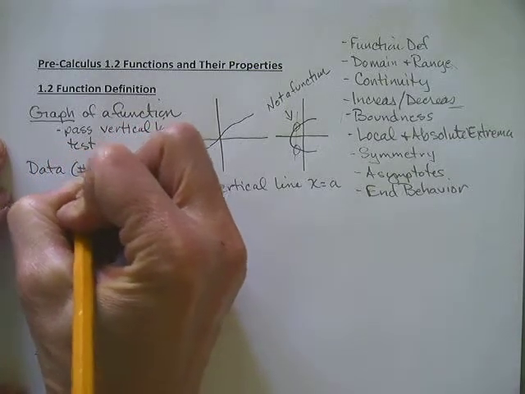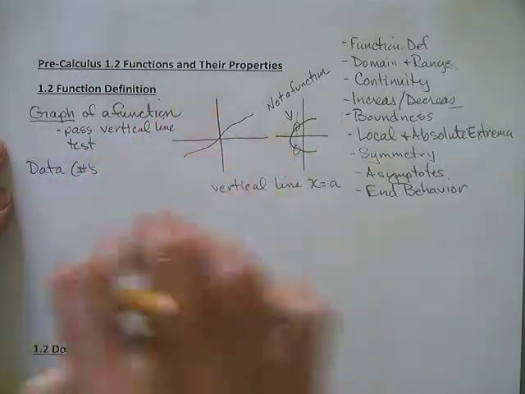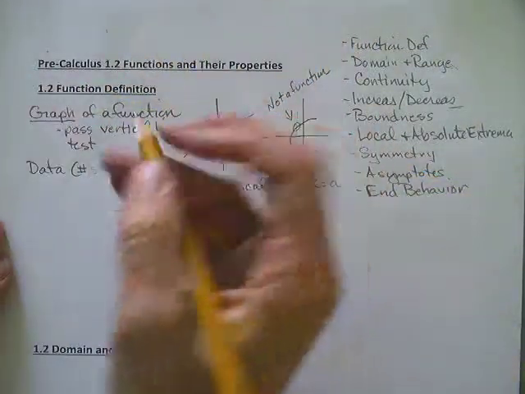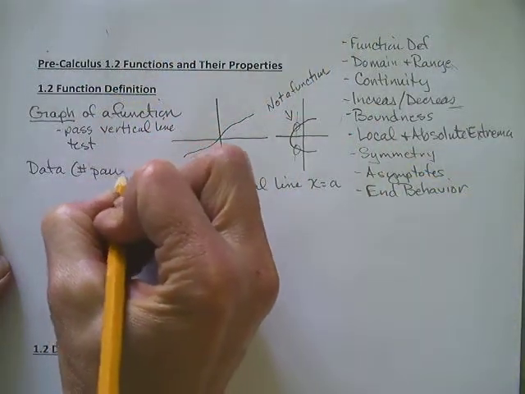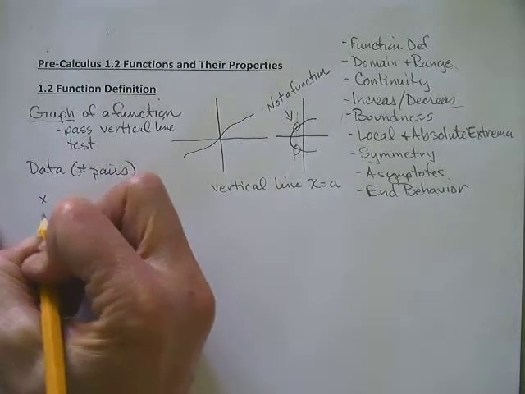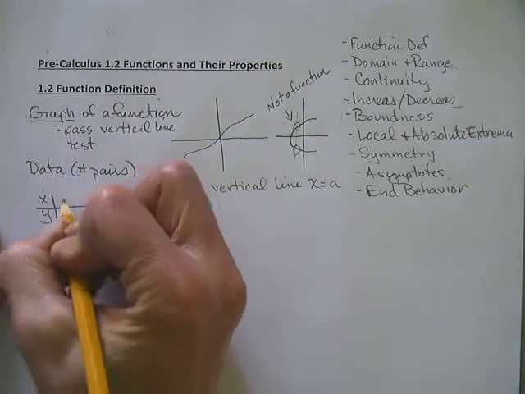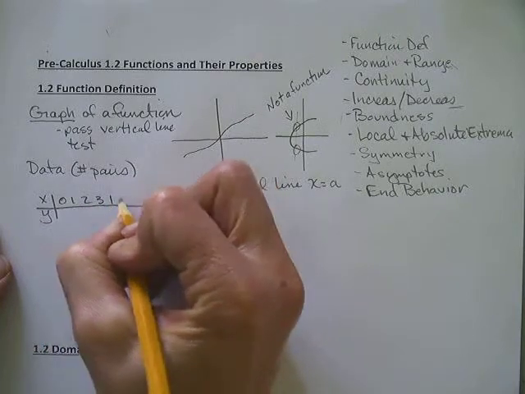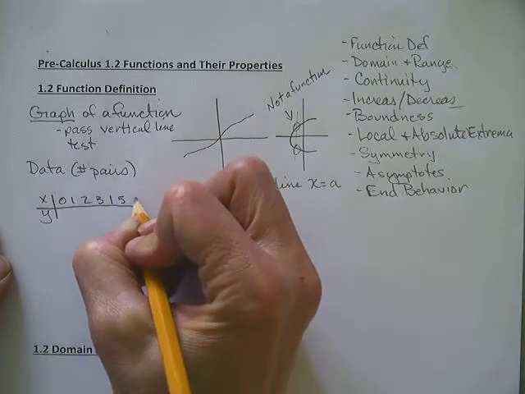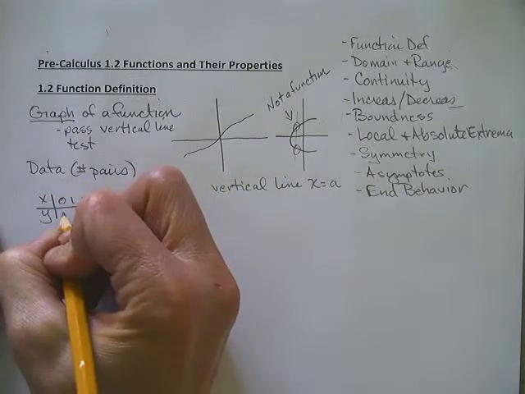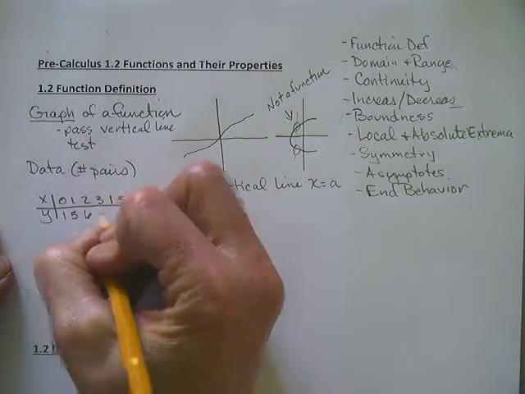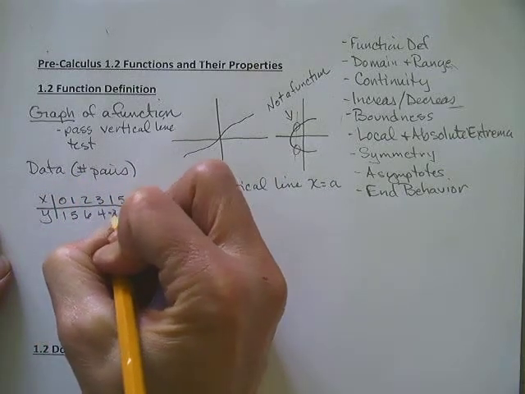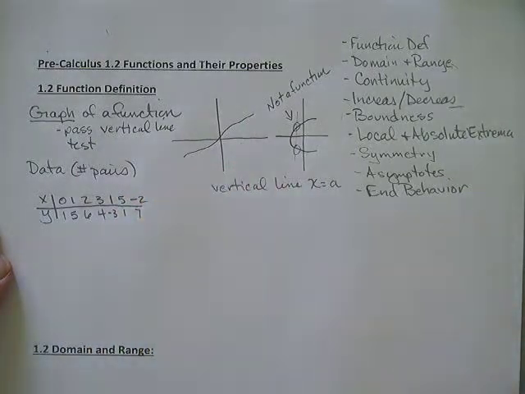Okay? The other one is, let's say we're looking at a table of data, and we're just looking at some number pairs, or coordinate points. So like we have X data, Y data, and we have like 0, 1, 2, 3, 1, 5, -2, and then we have numbers that correspond.